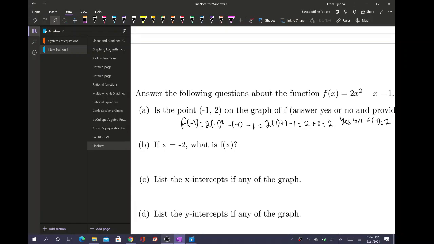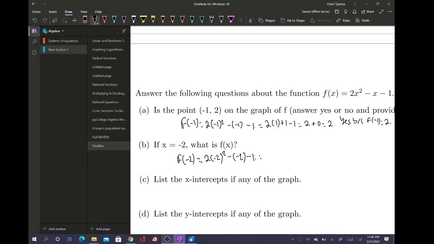Part B says, if x equals negative 2, what is f of x? So again, you're going to want to say f of negative 2 equals 2 times negative 2 squared minus negative 2 minus 1.